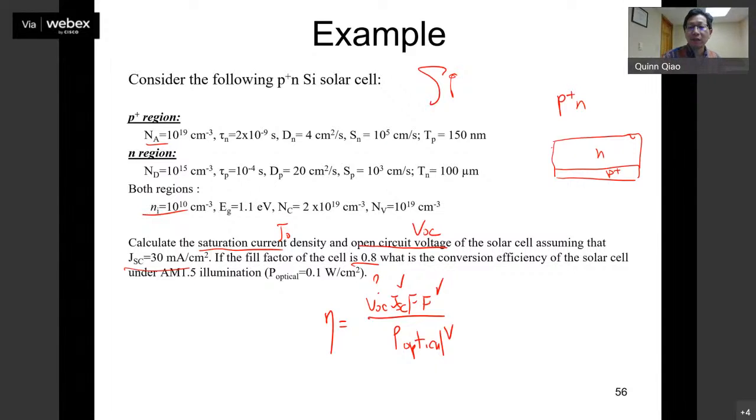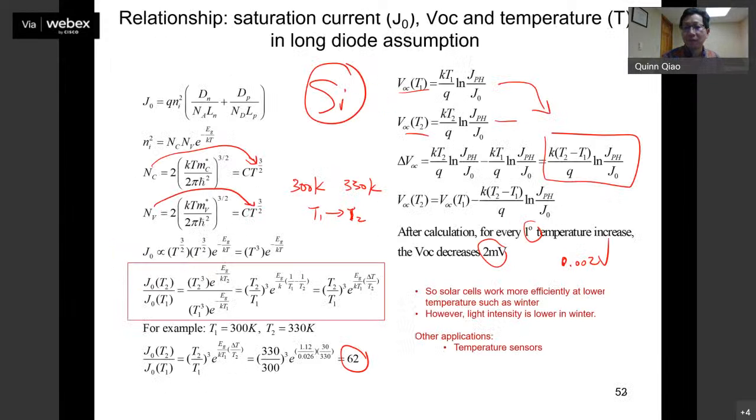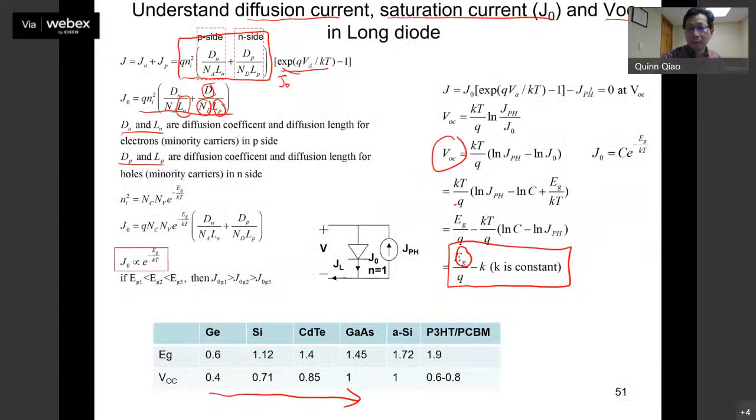You remember a few slides before, we talked about VOC here. The T here is room temperature, right? That's the equation we're going to use to calculate VOC.